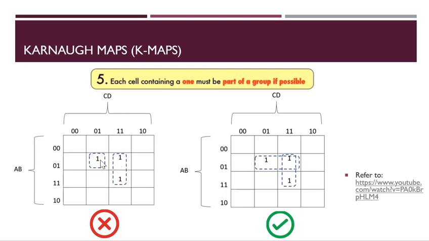So this one is not totally incorrect, but it is not simplified yet. This is the correct one, because we group the cells as large as possible, and we are not leaving one value as a group by itself, because we have the cell beside it, so we can group it as one big group.